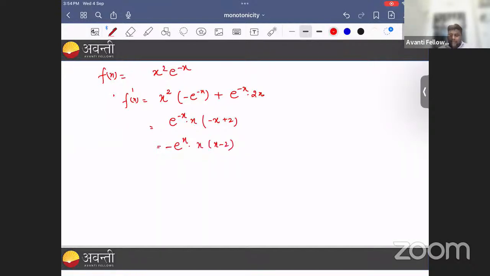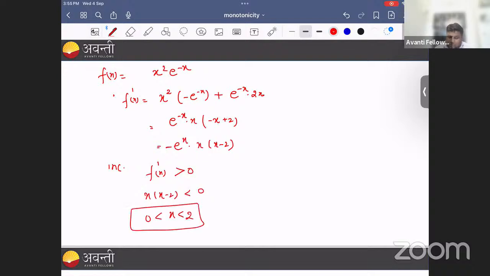Am I clear? Now, the function will be increasing if f dash x is more than 0. Means x into x minus 2 should be less than 0. That means what? x lies between 0 to 2. So this is the interval where this function is always increasing.